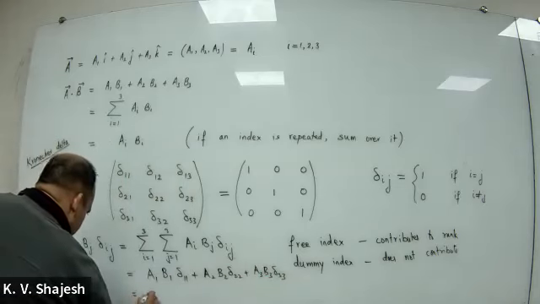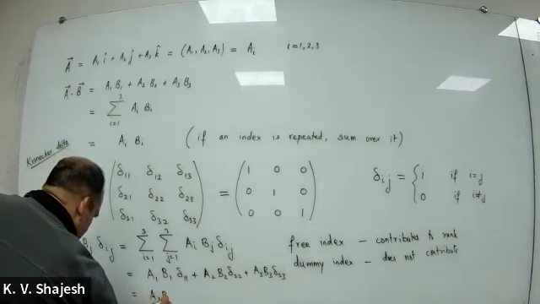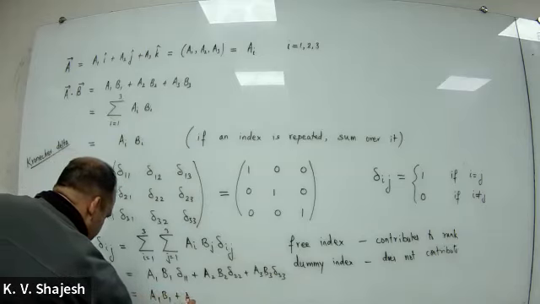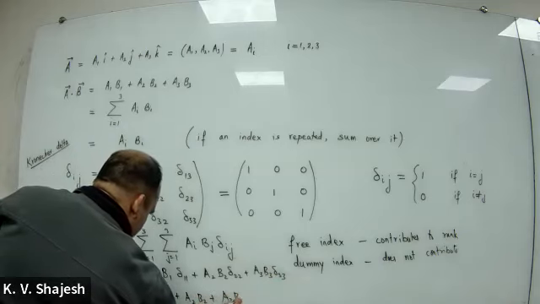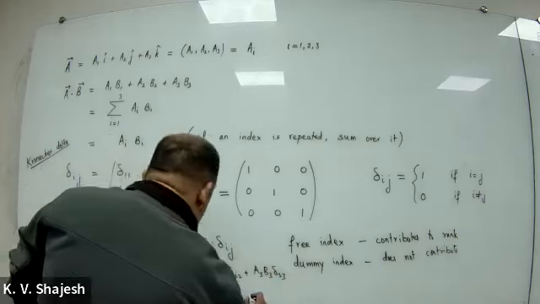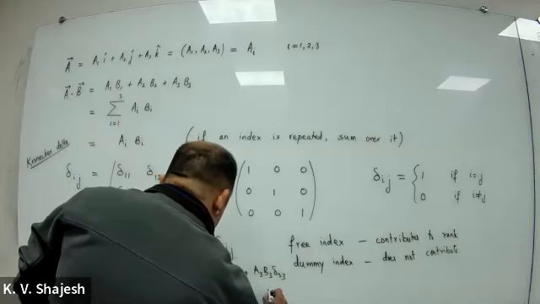So that's nothing but A1 B1 plus A2 B2 plus A3 B3, which is nothing but A dotted with B.